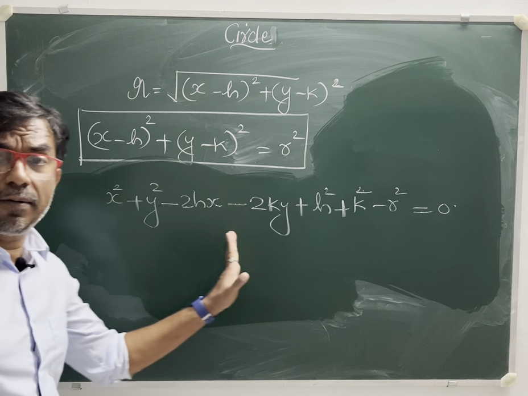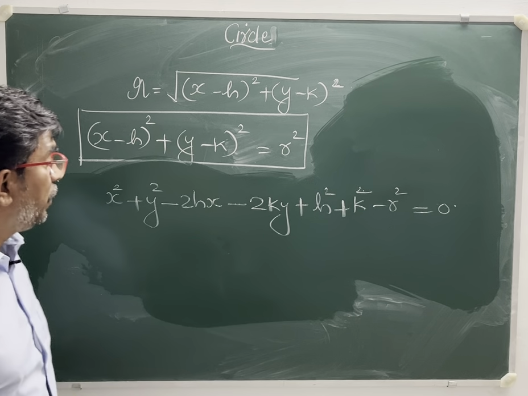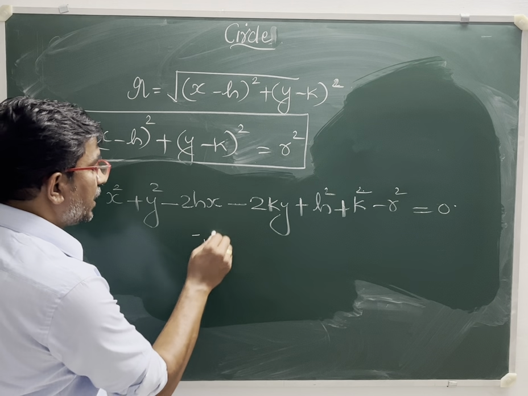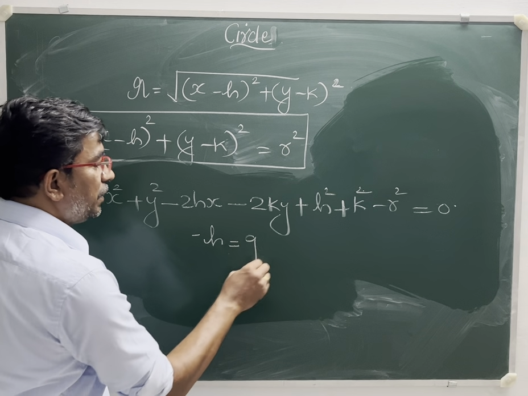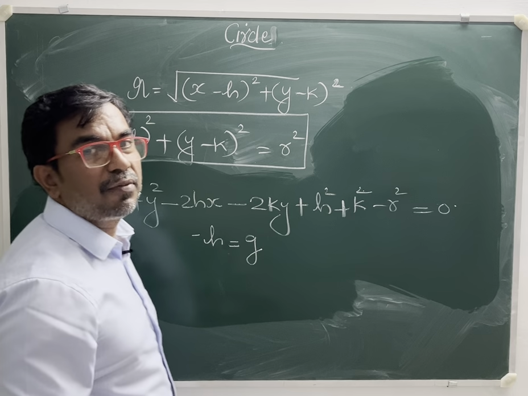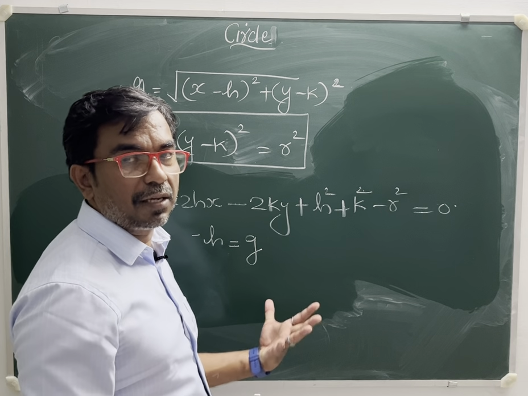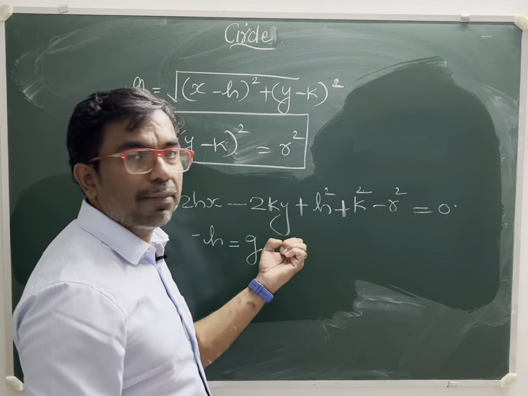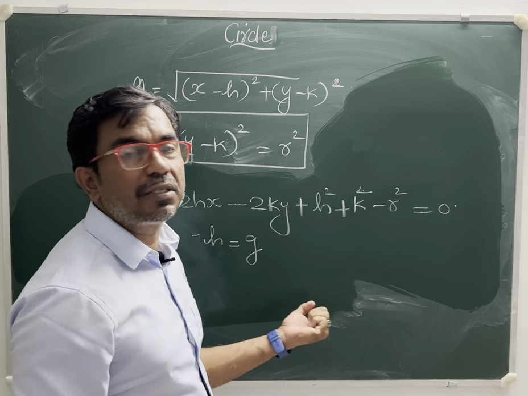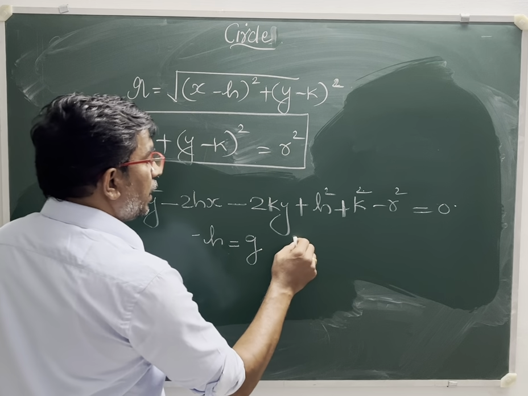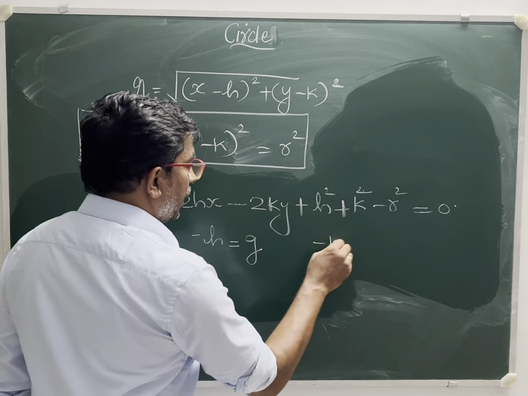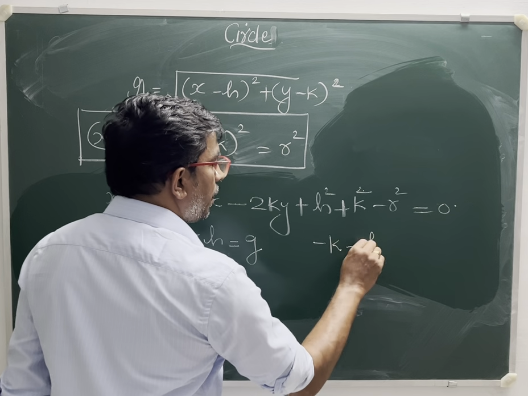Now this is not the final form. What we do is, this minus h you will replace with g, because in the equation we want a positive sign. That's how the general equation of a circle is written in mathematics. And in the place of minus k you put f.